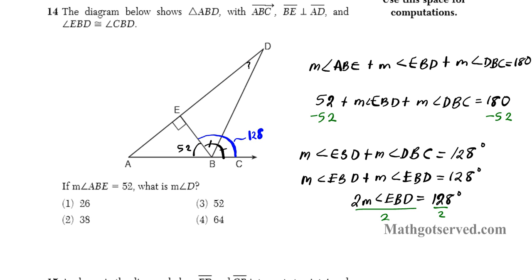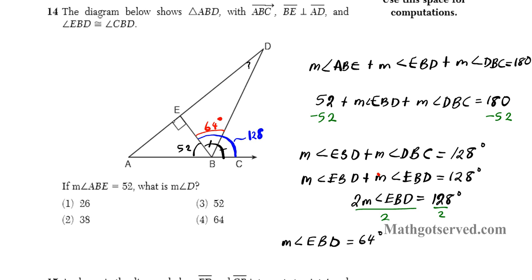So the measure of angle EBD is equal to 64 degrees. Okay? So this angle right here is 64 degrees. I'm just showing you all the symbols. You don't have to do this. You can use shortcuts. Anyway, there's 64 degrees.